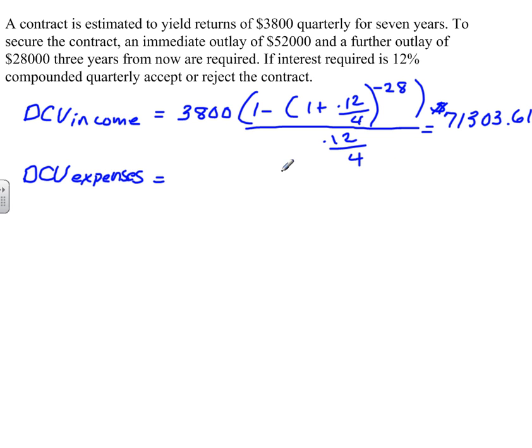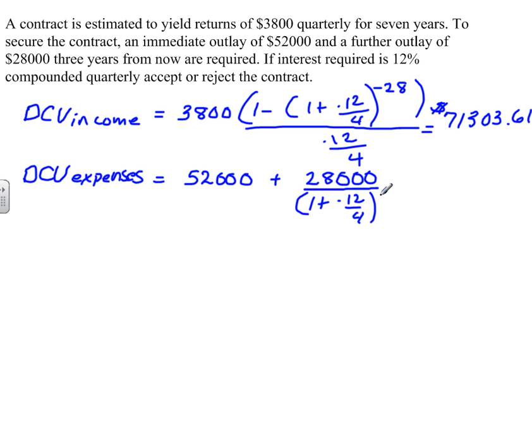Then if we find the discounted cash value of the expenses, in other words, we add up the expenses also, we would have an expense of $52,000 that is today, plus $28,000 that is money that we have to invest, or we have to expend, in 3 years. So we have to bring it back in time by dividing by 1 plus i to the n. 0.12 over 4 is i. And how far are we bringing it back? 3 years, and we're using quarters.